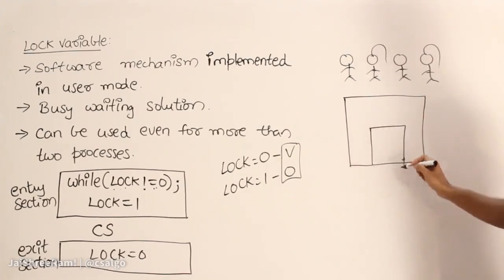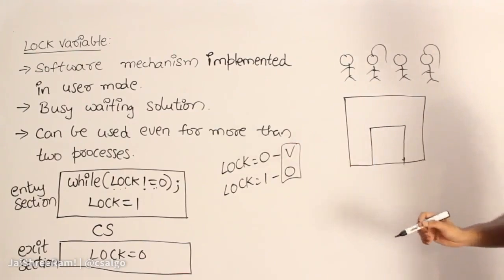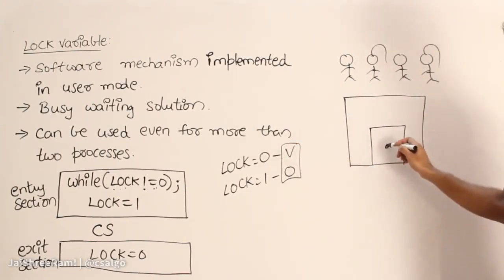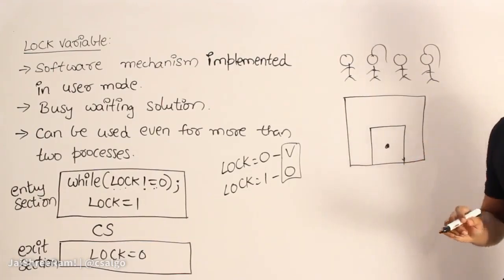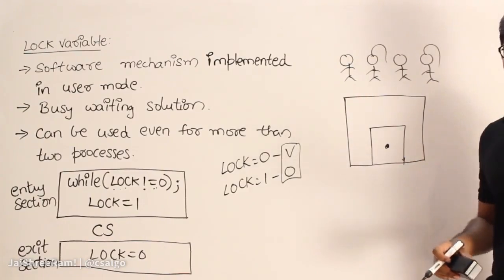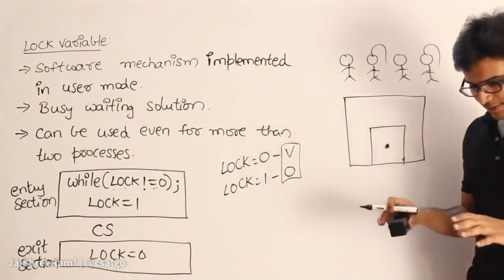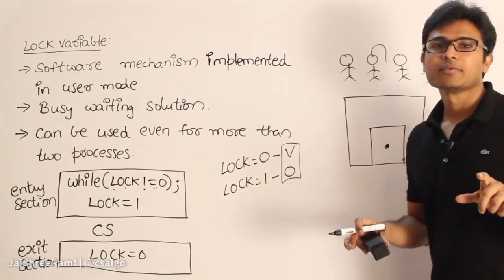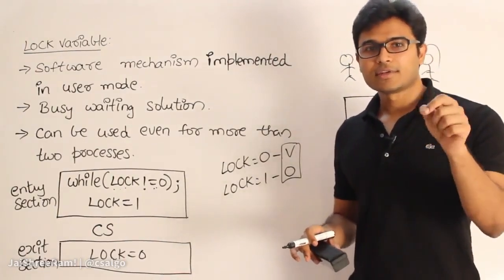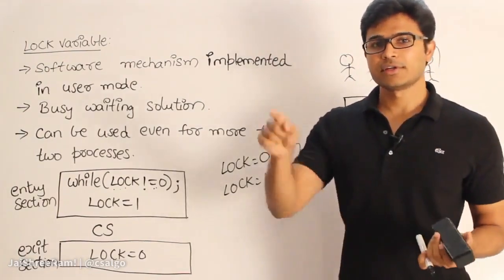Okay, and now how does this one work is, it is not actually having a lock, right? So if this is the door knob, then to the door knob we are going to hang a tag. That's it, hang a tag. It is exactly similar to the dressing rooms you might have seen in malls. There you will see that if someone enters it, it will show that it is occupied.